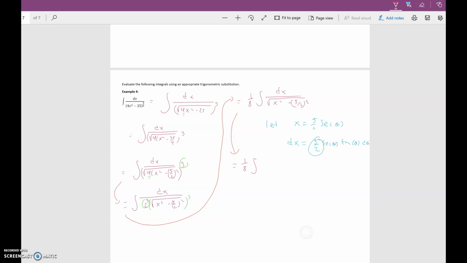So this is times 5/2, and on the top a secant of theta, tangent of theta, d theta, over the square root of 5/2 secant of theta minus the 5/2 squared. So this is now squared.